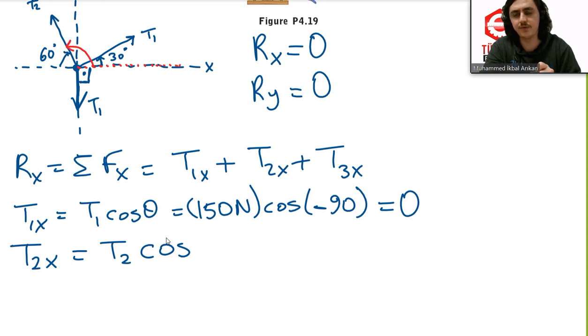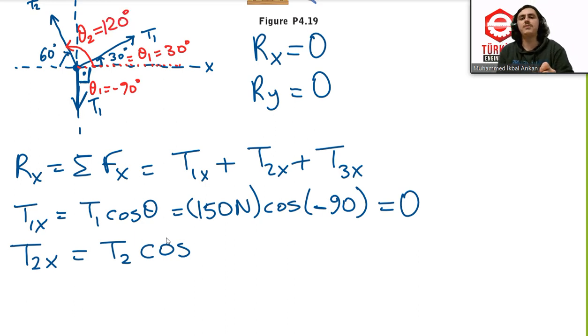So my angle for T2, which is theta 2, measured from the positive x to tension 2, will be 90 plus 30, or 180 minus 60. So I will put this angle here.